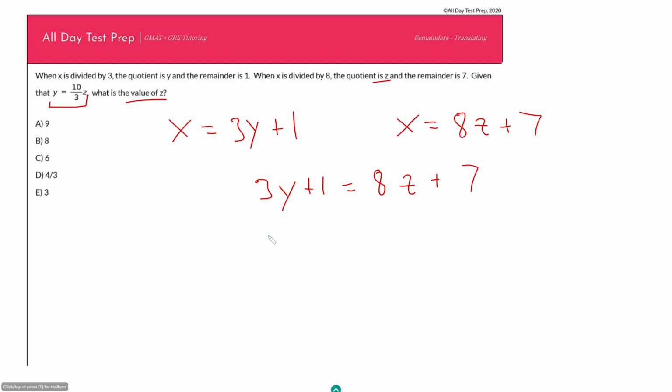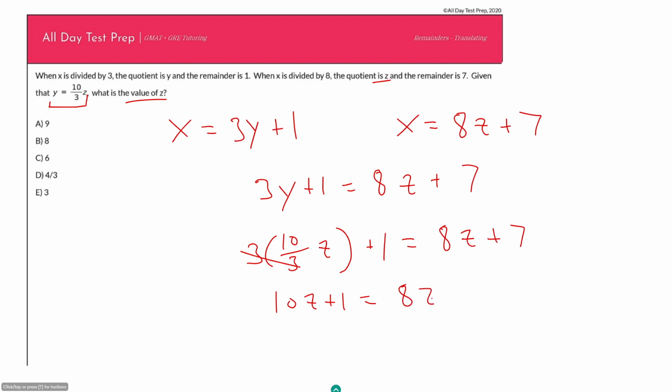And so now instead of saying 3y plus 1, I can say this is 3 times 10/3 times z, plus 1. That is equal to 8z plus 7. And now all I've got to do is solve for z. 3 times 10/3 z should just be 10z, so 10z plus 1 is equal to 8z plus 7.